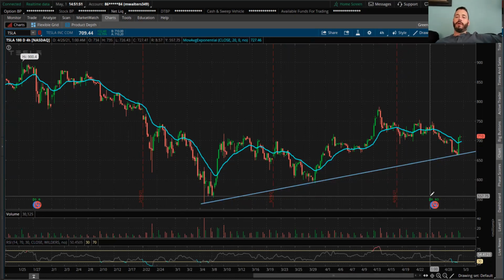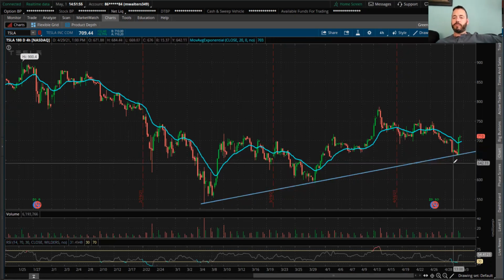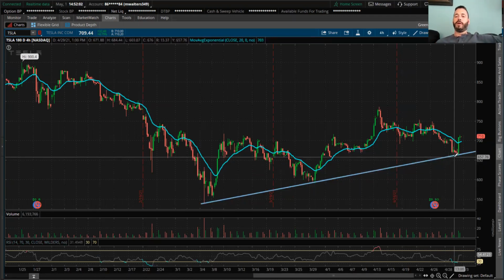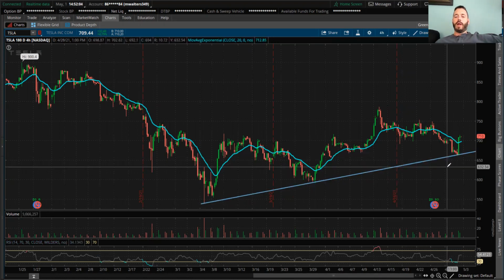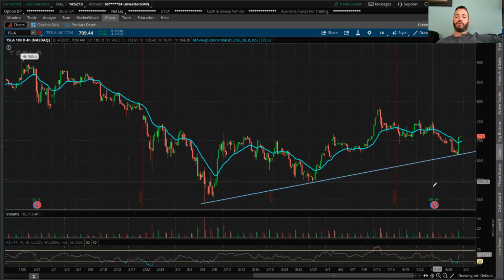So on Friday, I said, if we get the bounce here, things are looking very good for a day trade and a swing trade on Tesla. And that's exactly what happened. When something touches once, twice, 3 times, this is now a very strong trend line.